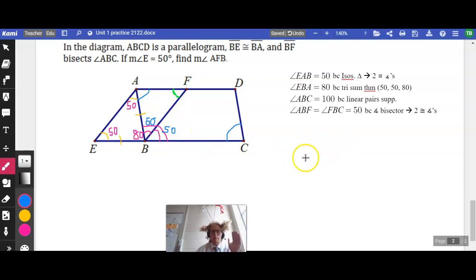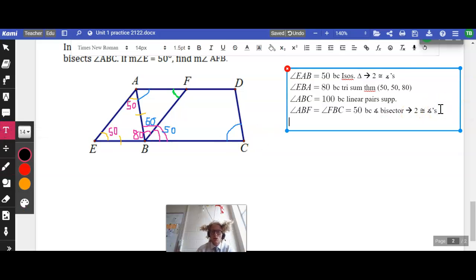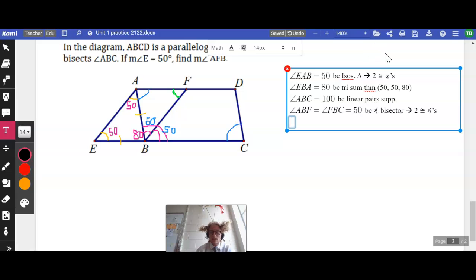Bunch of different ways you can do it, but you guys need to be looking for alternate interior angles. Really, that's going to be one of the big things this year. So I'm going to put alternate interior angles. So angle, again, the way you do that is hit that button.